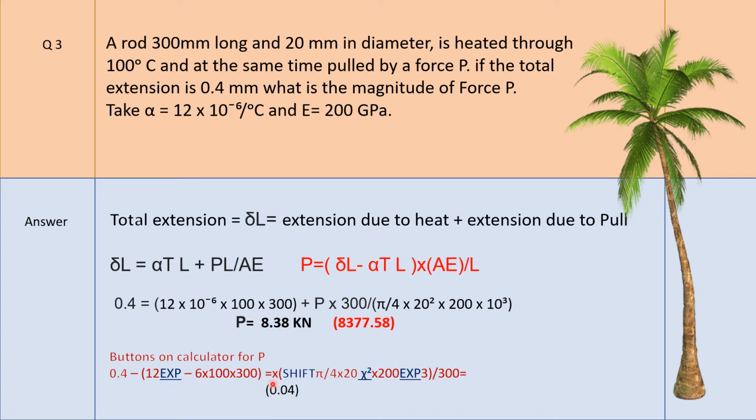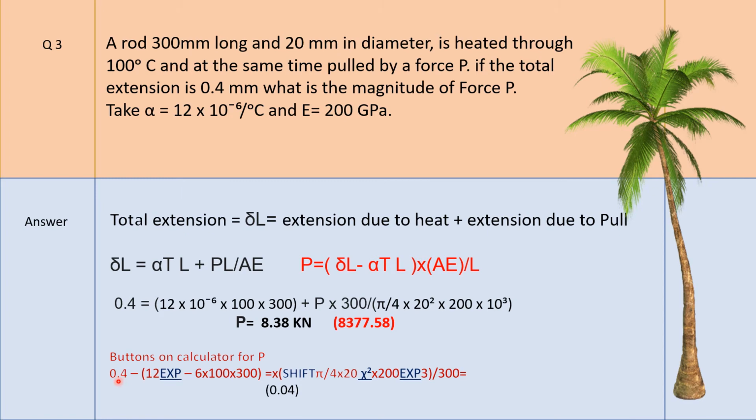Then press into shift pi divided by 4 into 20 square into 200 exponential 3, that is this bracket AE bracket close divided by 300 and equal to. This 300 when it comes on this side will become divided by, so this will give you the answer P.